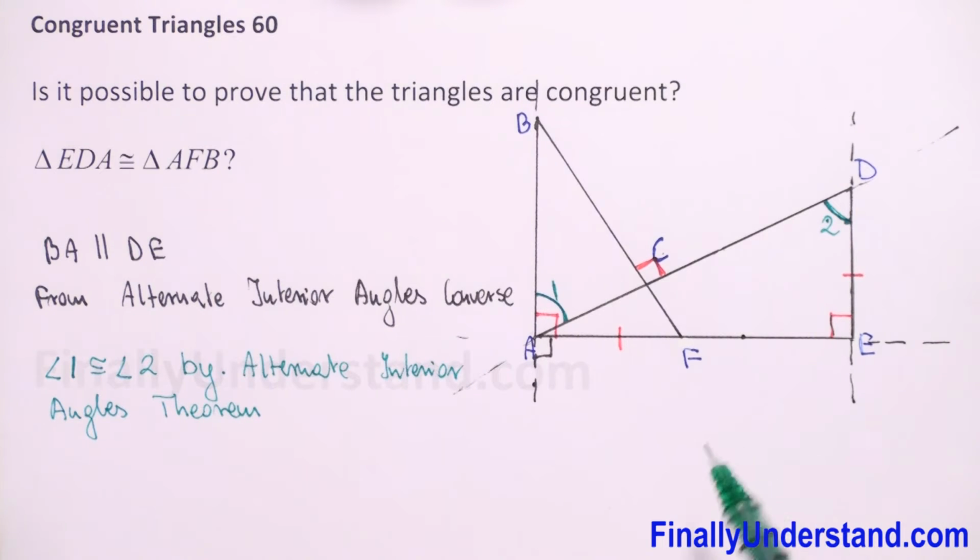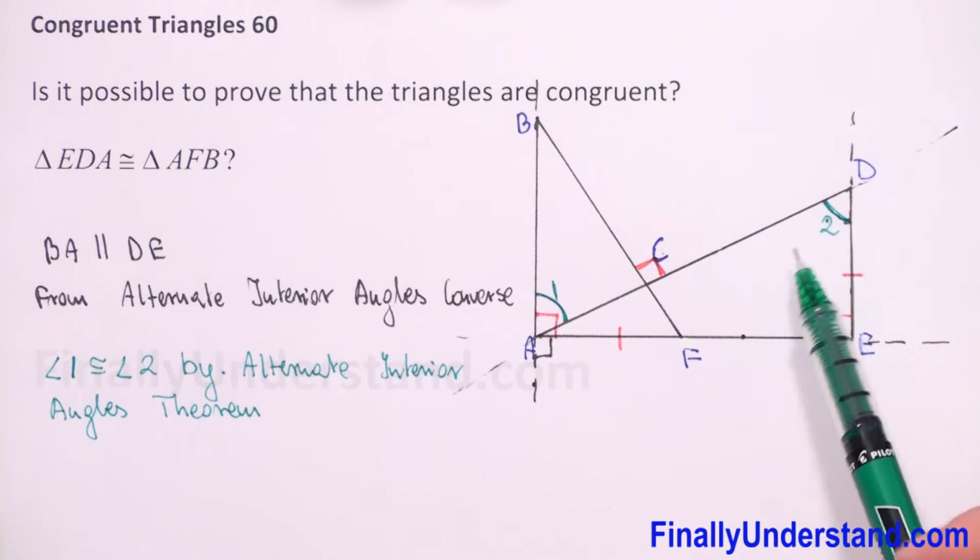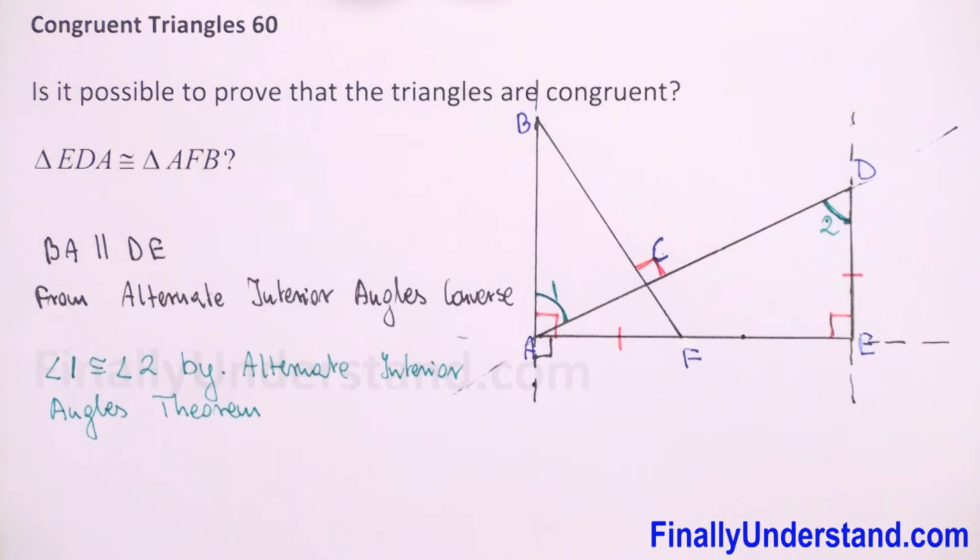Because if two parallel lines are cut by a transversal, then the pairs of alternate interior angles are congruent, and we know that alternate interior angles are angles which are between these two parallel lines and on the opposite sides of our transversal.